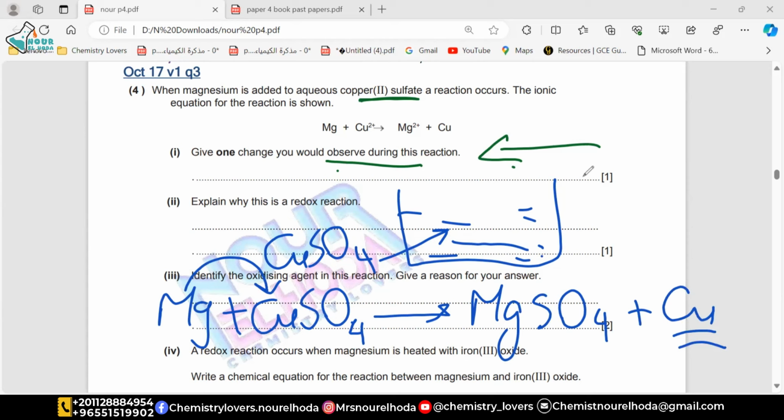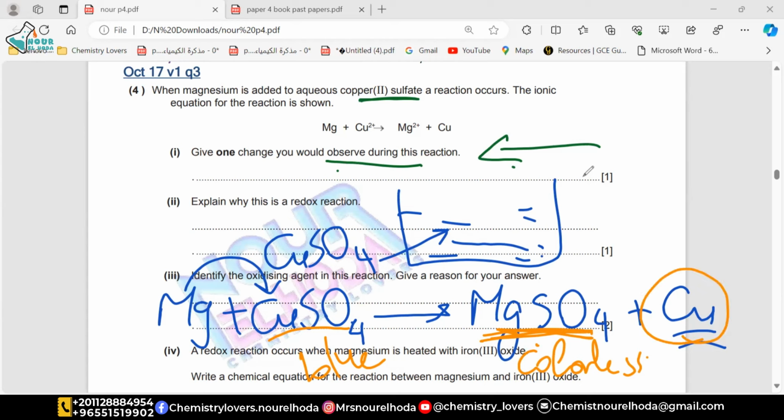So the copper sulfate was blue in color, but now it's not blue anymore, because magnesium sulfate is formed, no more copper sulfate. What's the color of magnesium sulfate? It's colorless. So the first observation you can say is that the blue color will become faint or change to colorless.